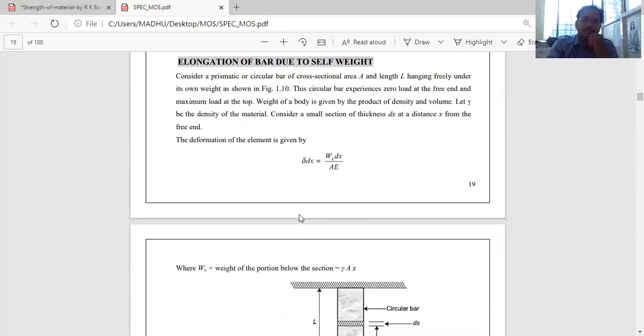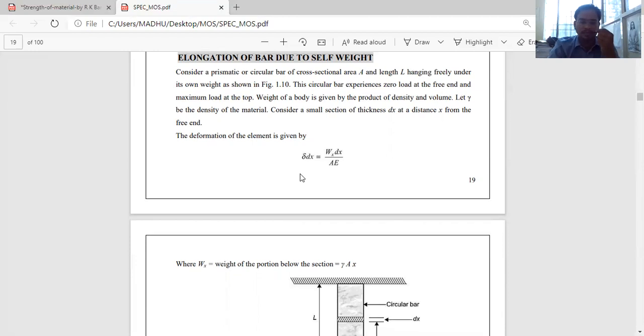Now, this is load by area, stress; strain into dx, delta into x, it is nothing but stress by Young's modulus into dx. This will give the deformation of the element, nothing but change in length.